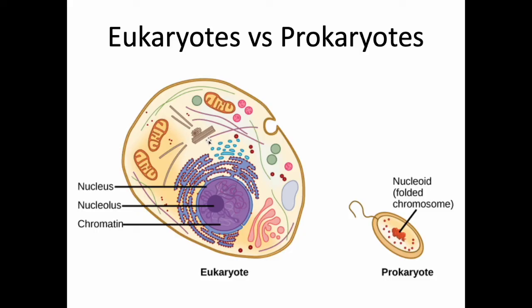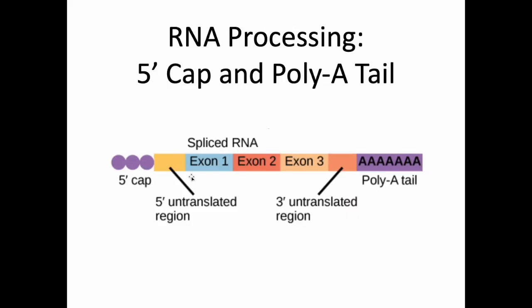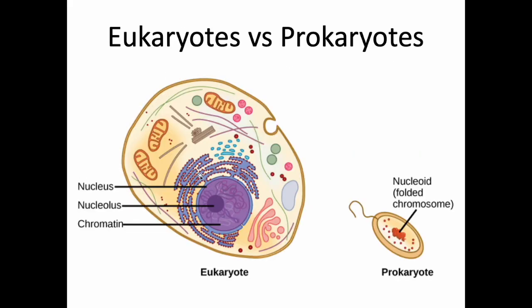So because of this lengthy journey that eukaryotic transcripts need to make, our transcripts need to be processed. So here's our exon, and we add some extra things to the 5' end and some extra stuff to the 3' end to just extend its shelf life, so it can make it to where it needs to go, and to mark it for transport so it can be sent to where it needs to go.